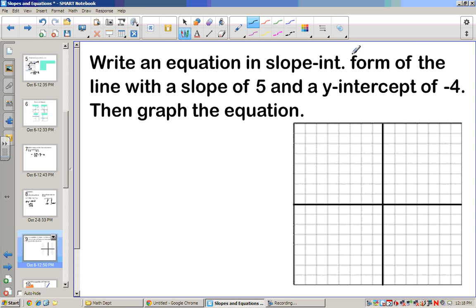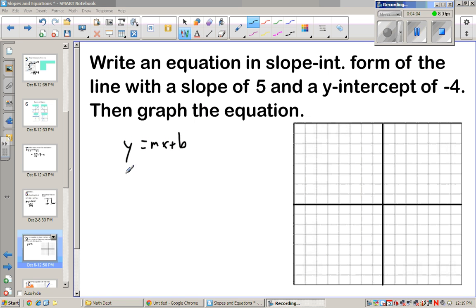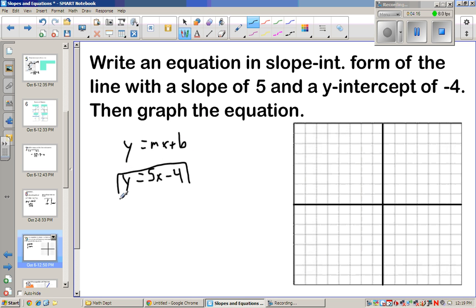It says write the equation in slope-intercept form if the slope is 5 and the y-intercept is -4. So our slope is 5, and our y-intercept is -4. So the equation is y equals 5x minus 4.